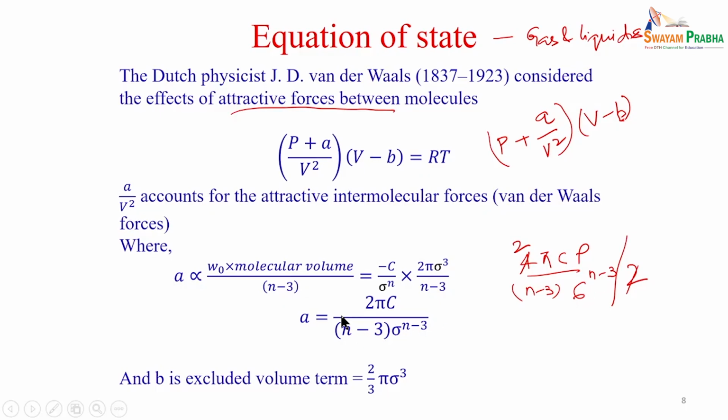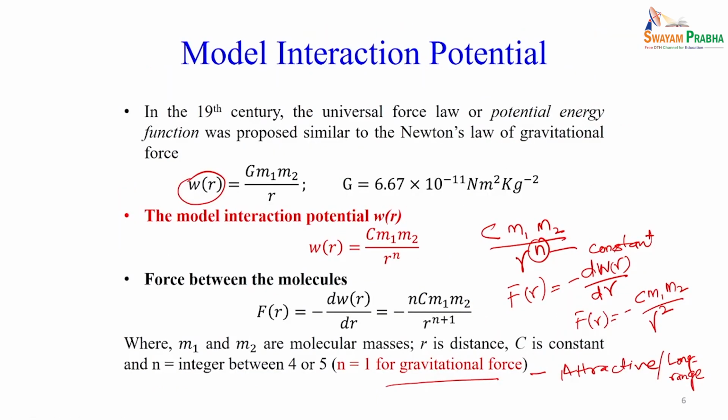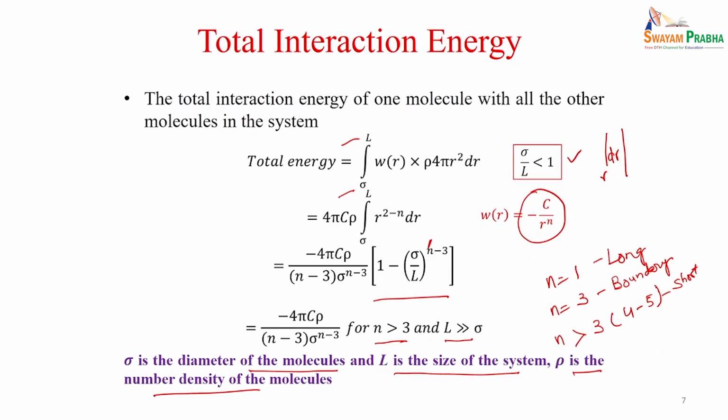So, it can be further broken. You can write C divided by sigma to the power n into 2 pi sigma to the power 3, it will go upside, divided by n minus 3. So, it is again coming to the same expression of the potential derived here, which says potential is a function of C upon r to the power n.